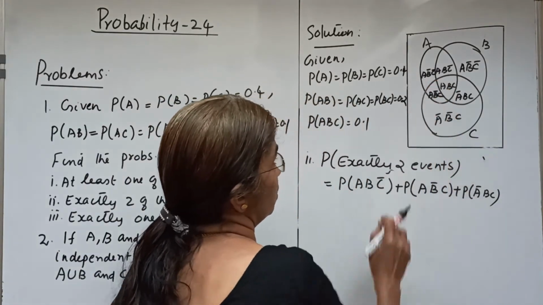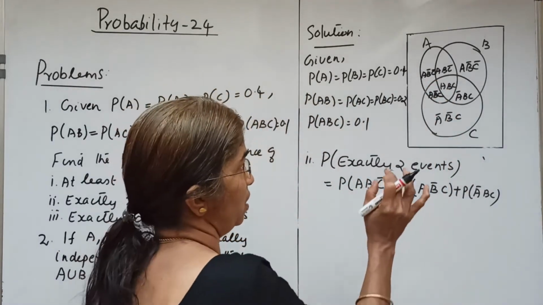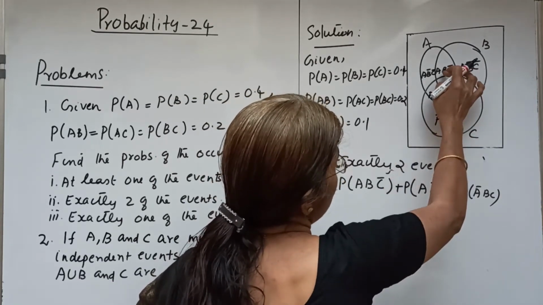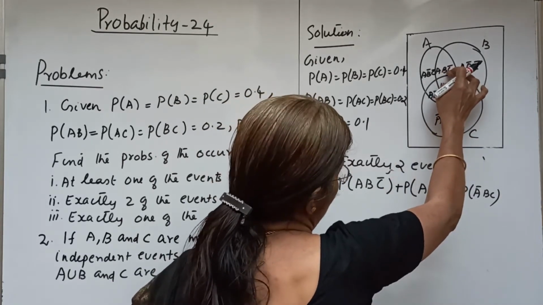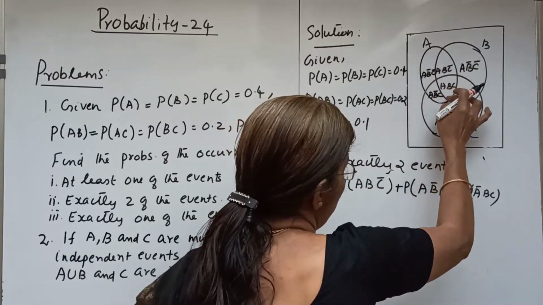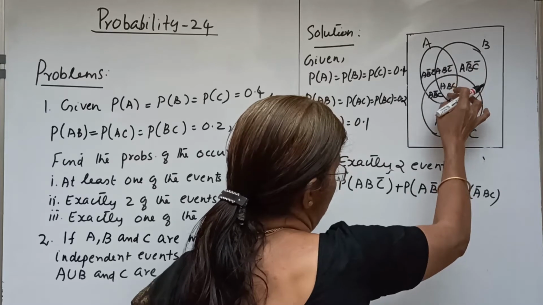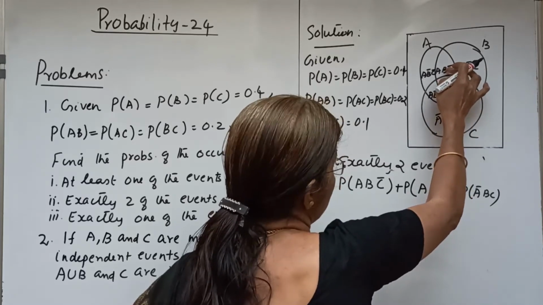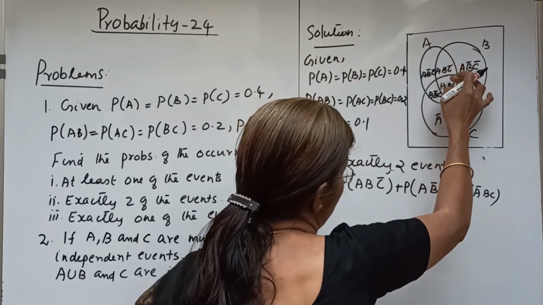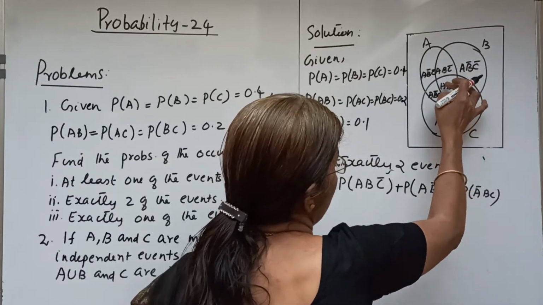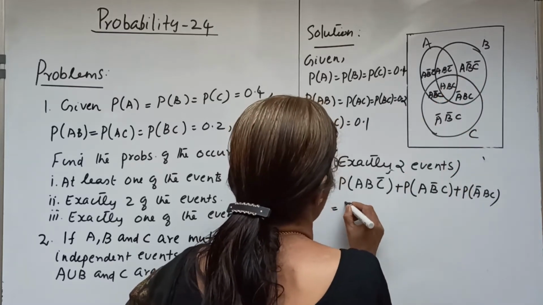Now in this figure, that is A B C three events, this is the set A B C bar. So it can be obtained as P of AB, this is the set AB, minus P of ABC, isn't it? This subset is ABC bar, which can be obtained as P of AB minus P of ABC.